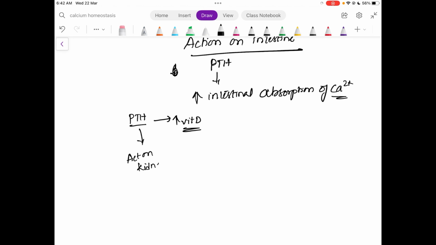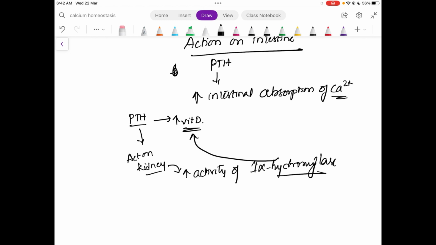PTH acts on kidney and causes increased activity of 1 alpha hydroxylase. This 1 alpha hydroxylase will increase synthesis of vitamin D, and this vitamin D acts on intestines and causes absorption of calcium by increased formation of calbindin. This is how PTH helps in maintenance of calcium level in the body.